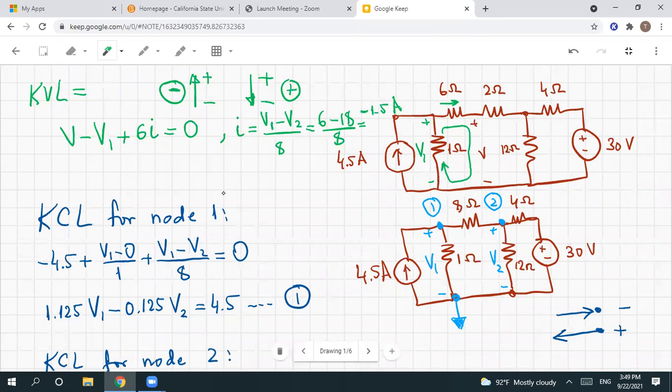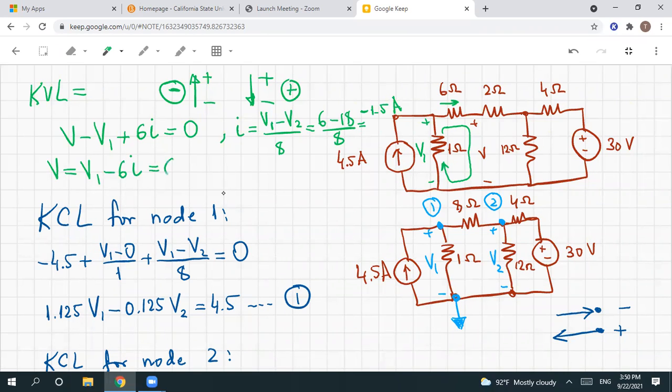So I will go back to KVL and solve for V. Taking 6I to the other side of the equation, V is equal to V1 minus 6I. Now I will plug in the numbers.